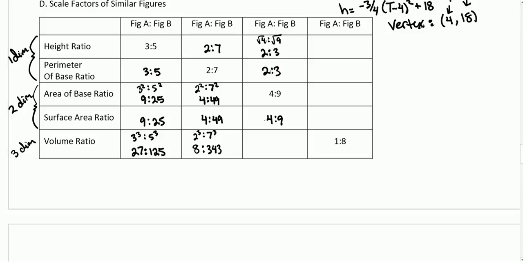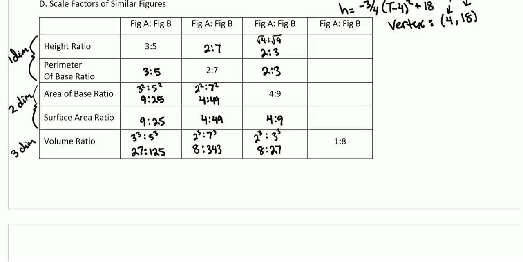And to find the volume ratio, you cube the one-dimensional ratio. So 2 cubed to 3 cubed, which is 8 to 27. In order to go from two-dimensional to three-dimensional, we need that one-dimensional step. So you go back to one-dimensional and then move forward to 3 dimensions.